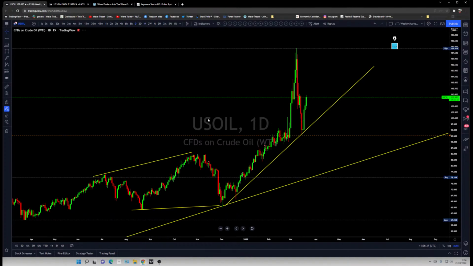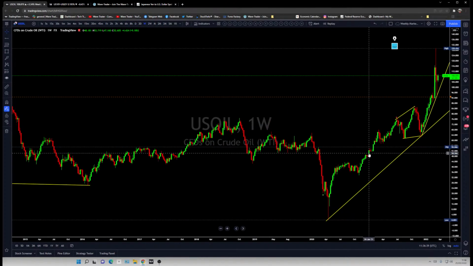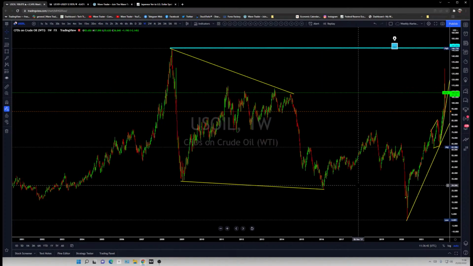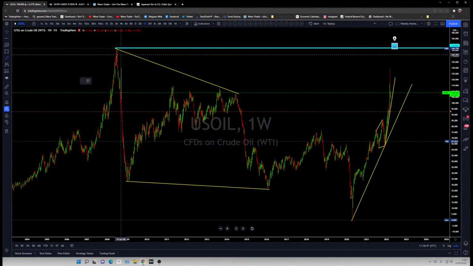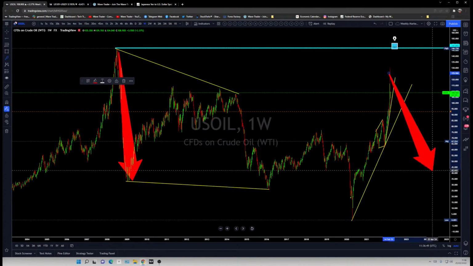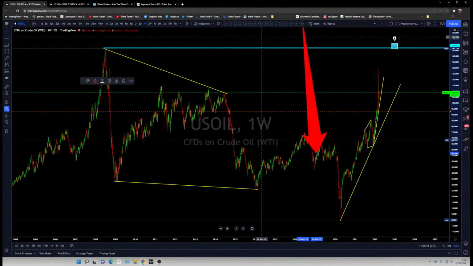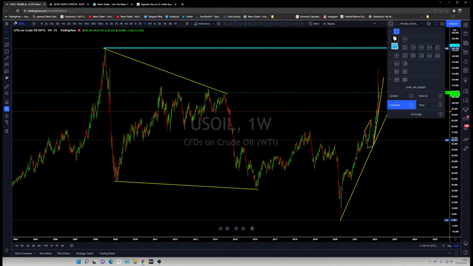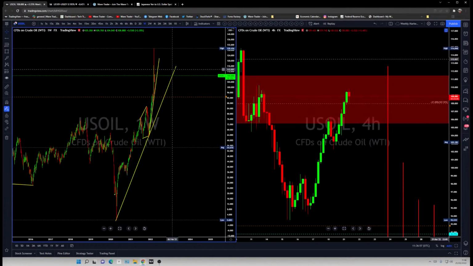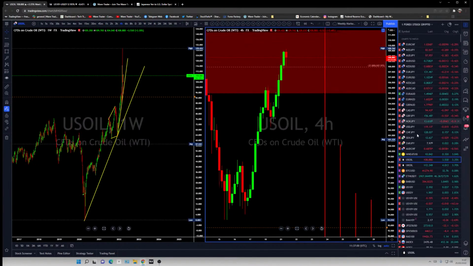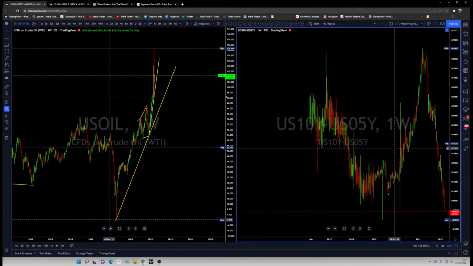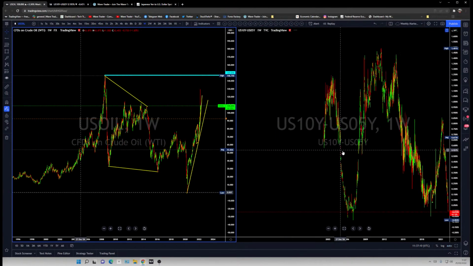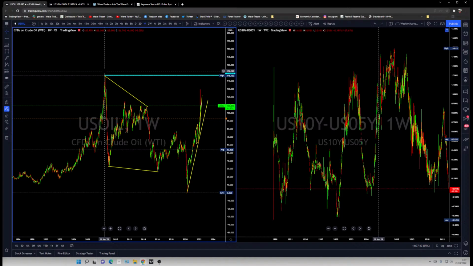At the start of this outlook, I showed you the yield curve chart. The yield curve chart is telling us that we are going to see this kind of crash on commodities. If I pull out the yield curve chart next to the oil chart, let's look at this, which has already inverted.